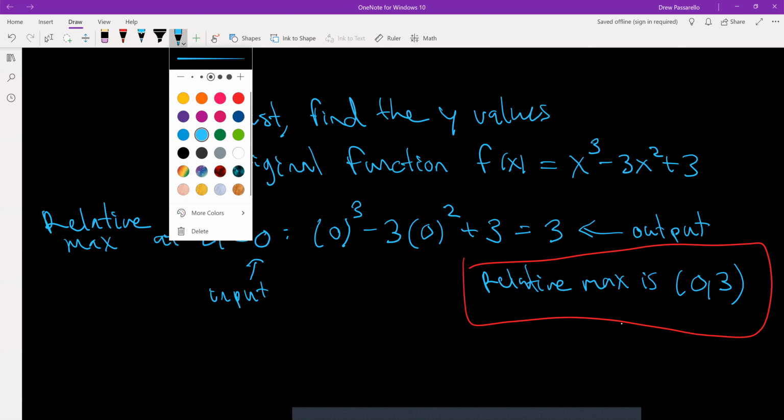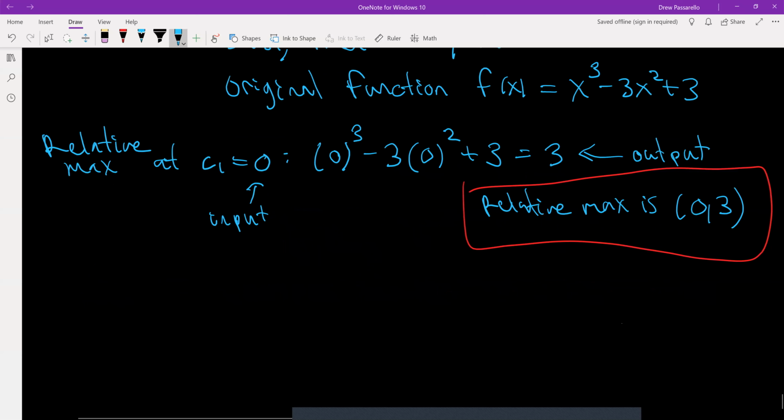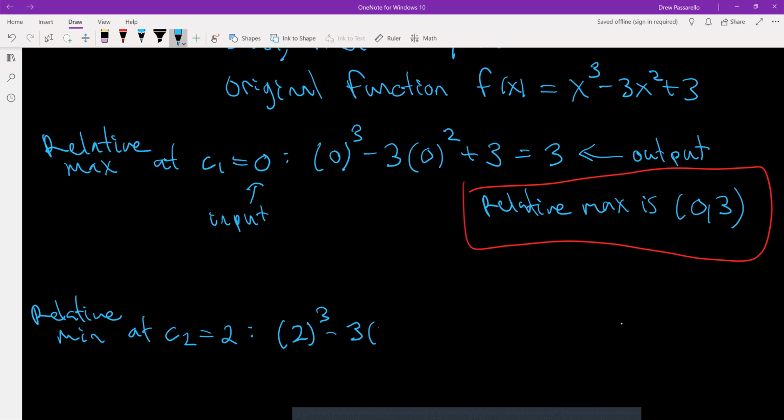All right, last we just need to find the y coordinate that goes with the relative min. And the relative min occurred at our second critical number, which was 2. So plugging 2 into the original function would be 2 cubed minus 3 times 2 squared, and then plus 3.